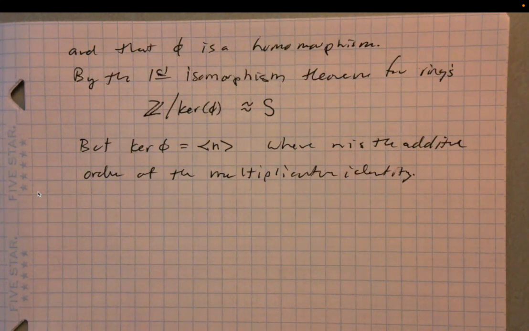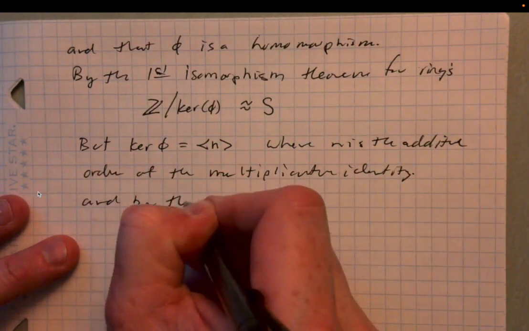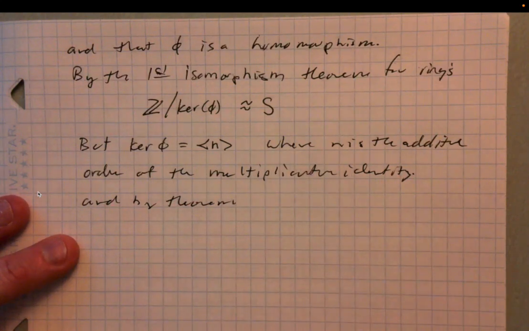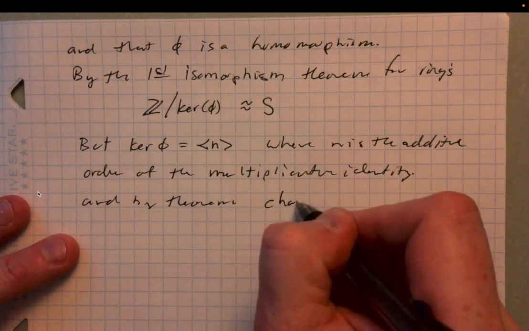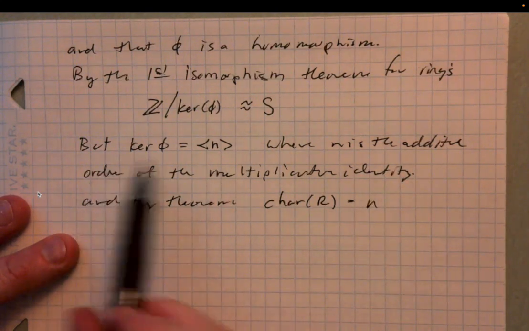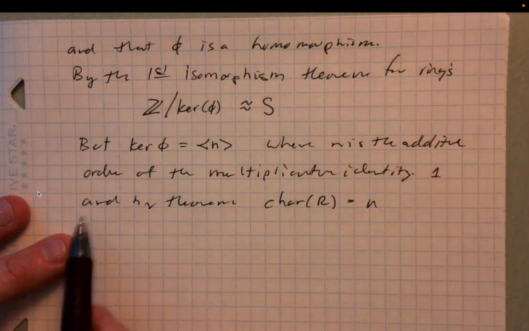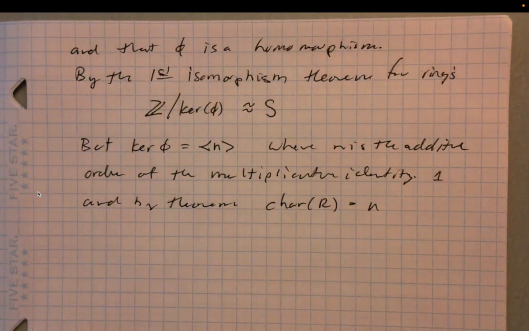And by the theorem, the characteristic of R then is equal to n, right? Because n is the additive order of the multiplicative identity 1. And by the theorem we saw previously, if you know the additive order of the multiplicative identity, that automatically is equal to the characteristic. And so here we know that the characteristic of R is equal to n.